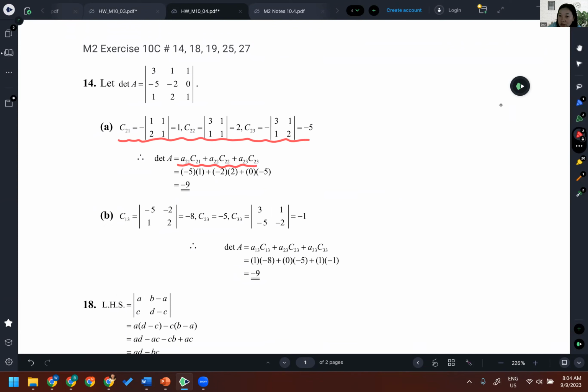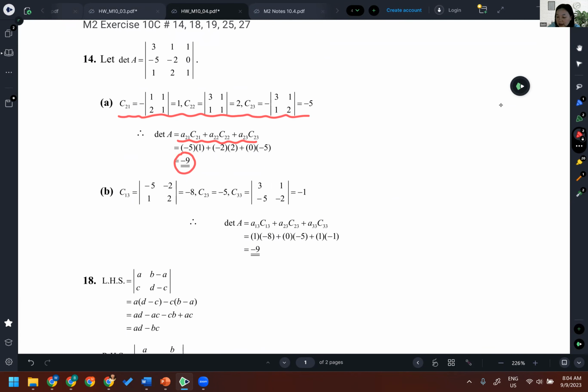Expand according to the second row, and the answer is -9. And part B, expand according to the third column, and the answer is -9.